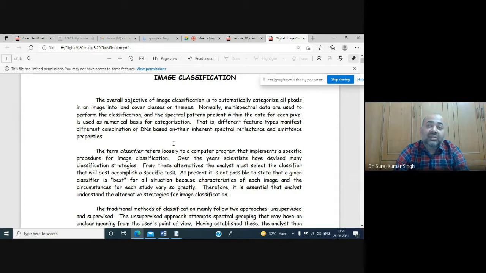So each and every object has got a digital number. If we identify which particular class of feature those digital numbers correspond to, you can easily identify those satellite images and their features.